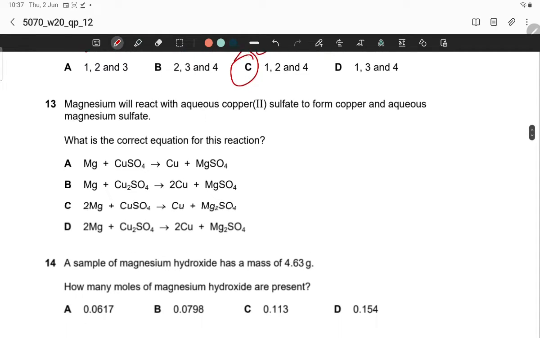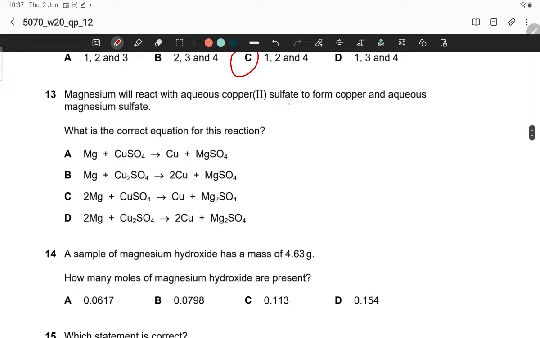Option is C. Magnesium will react with aqueous copper 2 sulfate to form copper and aqueous magnesium sulfate. What is the correct equation for the reaction? Magnesium reacts with CuSO4 to form magnesium sulfate plus Cu. This is the correct chemical equation.